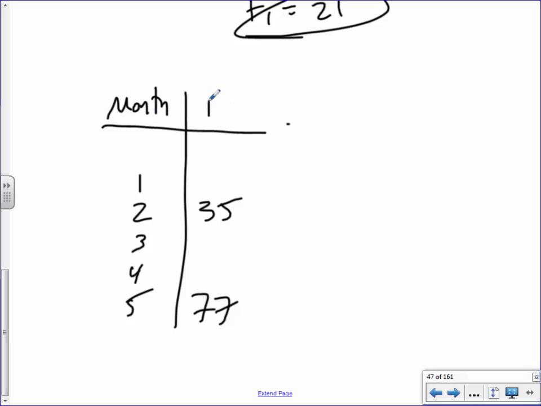This is, I don't know, rain, I guess. Week 1 we determined was 21. I don't know why the person would do this, but in theory, when they brought the rain barrel out at the beginning of week 0, apparently there would have been 7, because that's like subtracting 14 backwards.